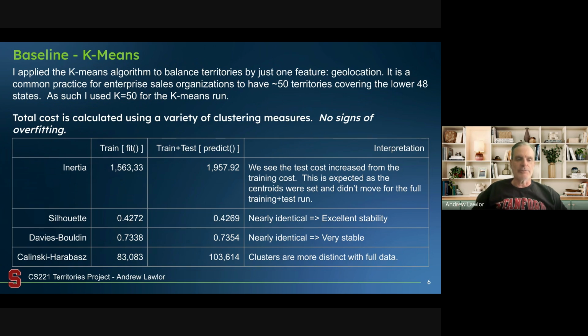There are three other measures by which we can calculate the total cost of territories, including the Silhouette, the Davies-Bouldin, and the Calinski-Harabasz. And we see here that the k-means territories are stable, with no signs of overfitting.